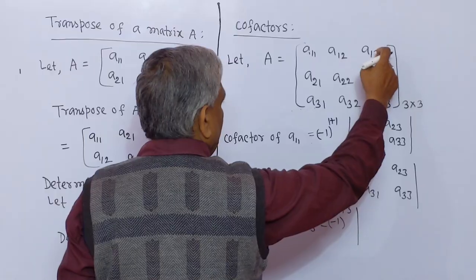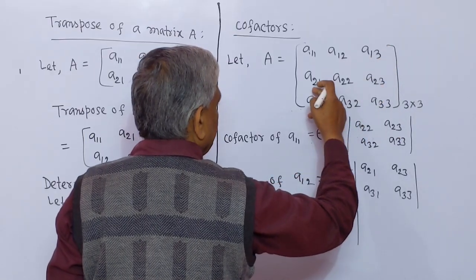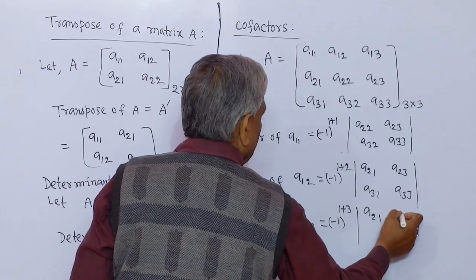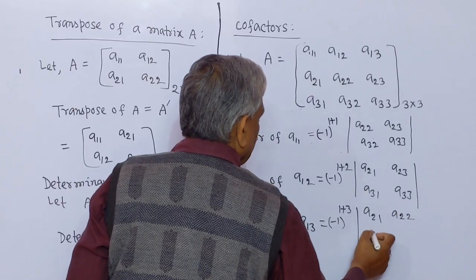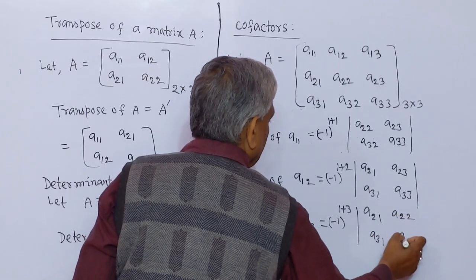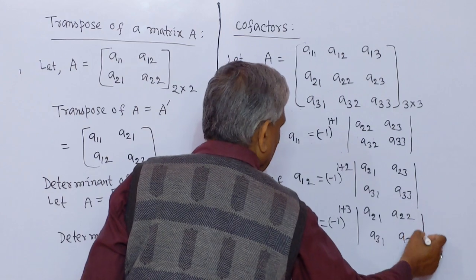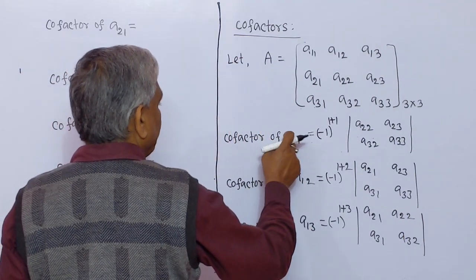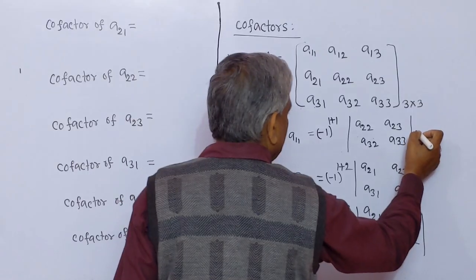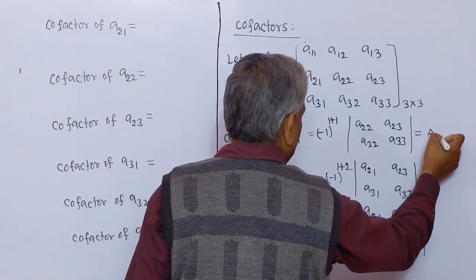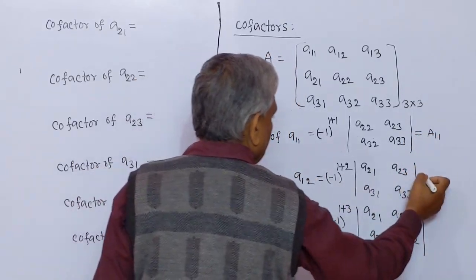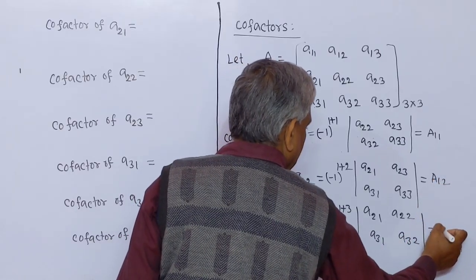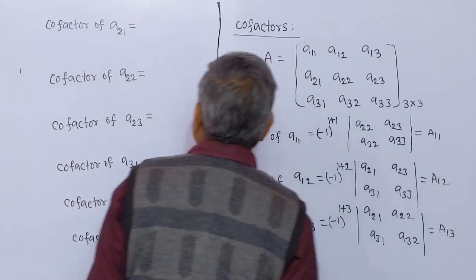Here remains A21, A22, A31, A32. Let the cofactor of small a11 be named capital A11, and this is capital A12, this is capital A13.